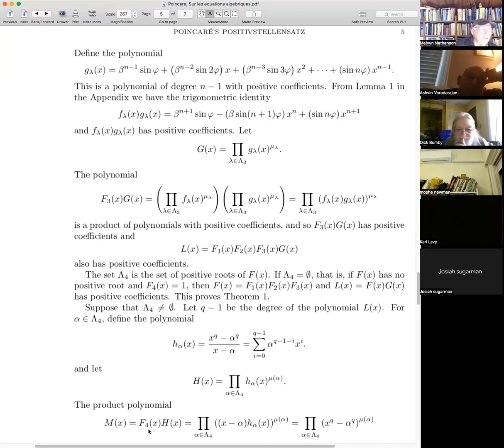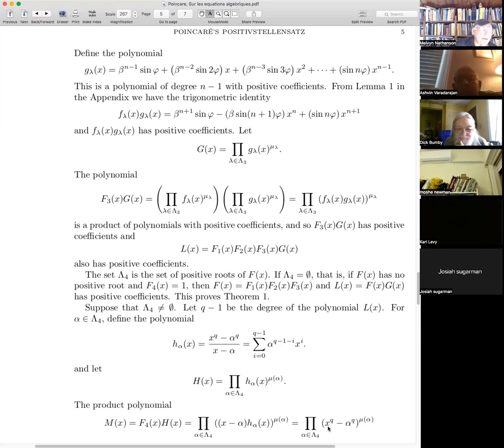So if I take f4 times H of x, what was f4? F4 was the product over all the positive roots alpha of x minus alpha to the mu of alpha. And I multiply this by capital H of x, which is h alpha of x to the mu of alpha. So that's x minus alpha times h alpha, to the mu of alpha.